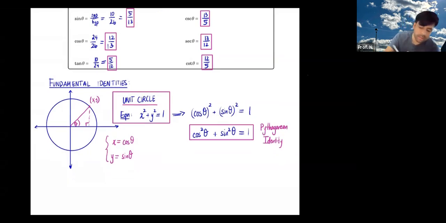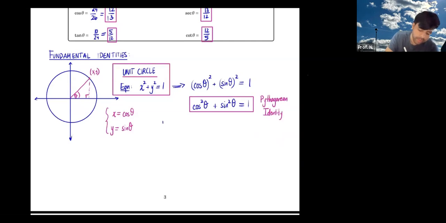So let's see this. If this is true, then for example, cosine of pi over 6 squared plus sine of pi over 6 squared should equal 1. What's cosine of pi over 6, cosine of 30 degrees? It's root 3 over 2, and I'm squaring that.